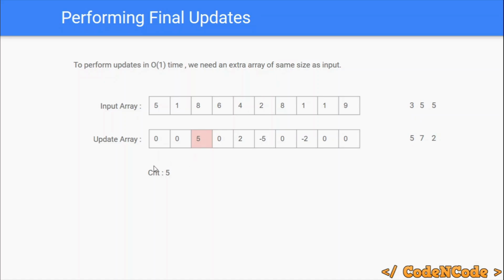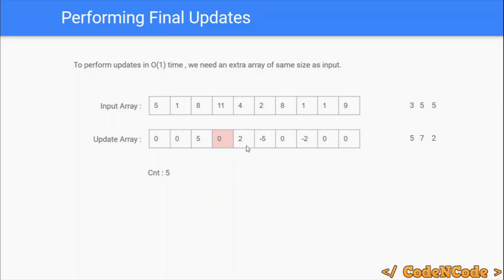Now go to the next index, add 0 to count, count is 5. Now add count to the original array at the current index 4, so add 5 at index 4, and the value becomes 11. Now see, at index 3, 4 and 5 all needed to be incremented by 5, so index 3 and 4 have been incremented by 5.